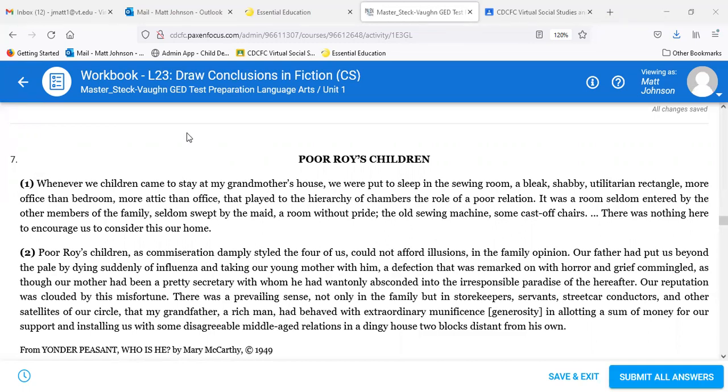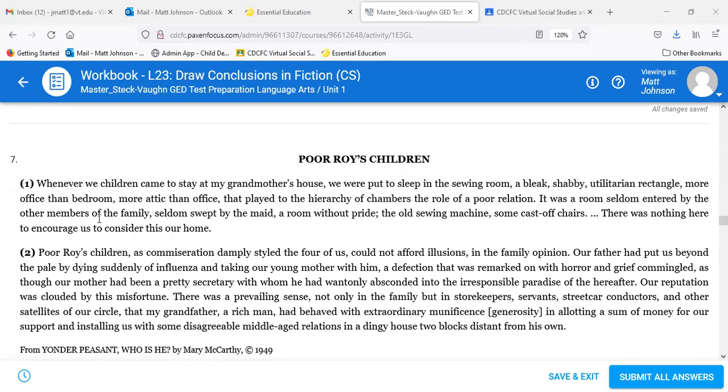It was a room seldom entered by the other members of the family, seldom swept by the maid, a room without pride, the old sewing machine, some cast off chairs. There was nothing here to encourage us to consider this our home.